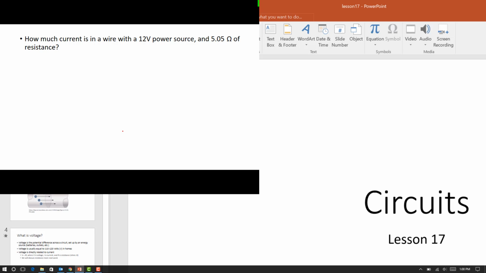How much current is in a wire with a 12-volt power source and 5.05 ohms of resistance? So what do we have? We have voltage is equal to 12 volts. And we have resistance is equal to 5.05 ohms. Sorry about my omega there. It's messy.